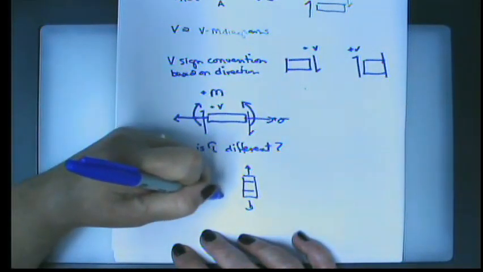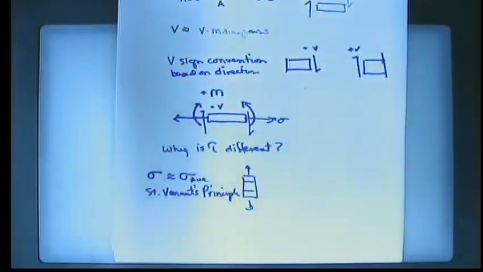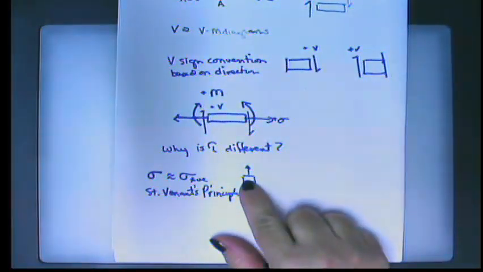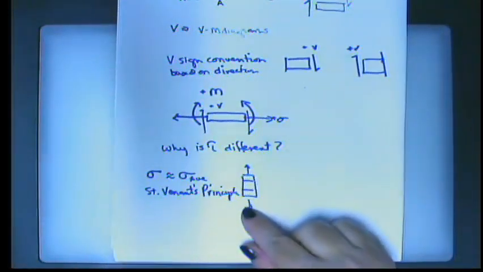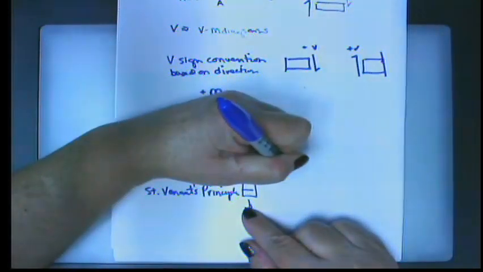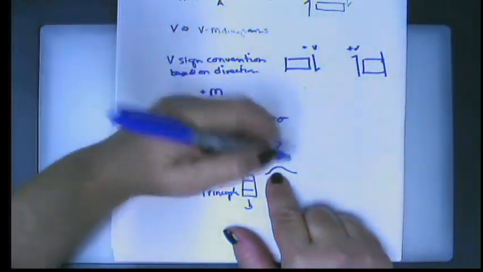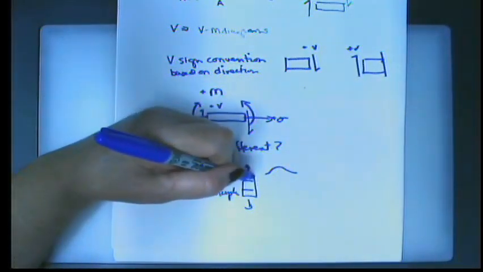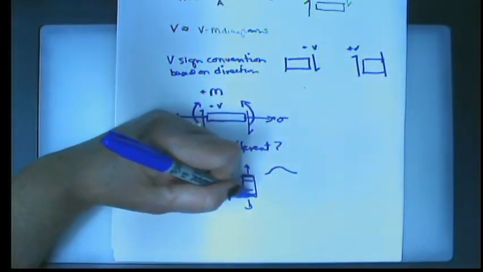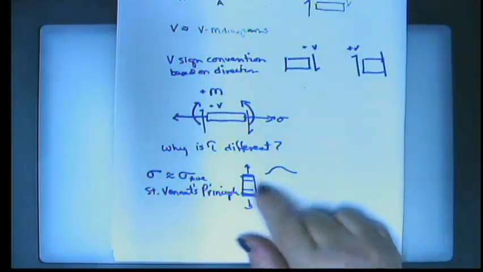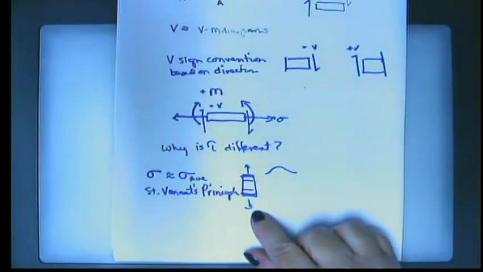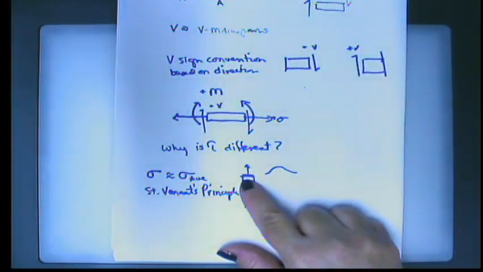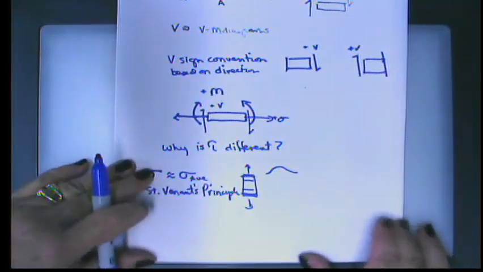And it's something that we sort of take for granted, or it's kind of built into our work. So we are saying that here in the immediate vicinity of an applied load, we're going to have a stress profile that's a little bit exaggerated. So if we don't have a rigid end cap or something on the end of our structural member, sigma will concentrate in the direct vicinity of the applied load.